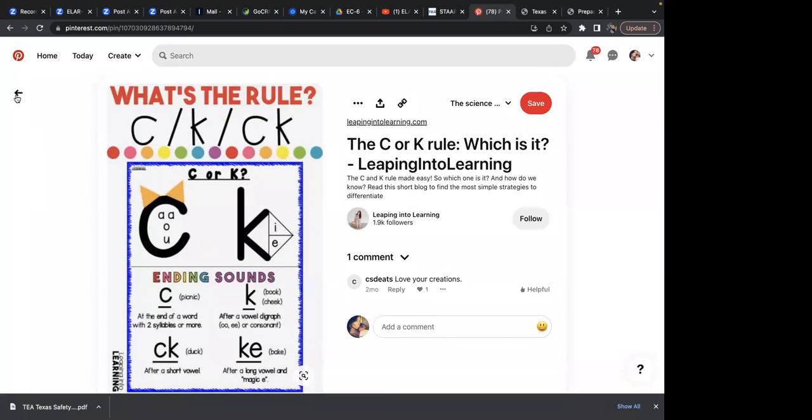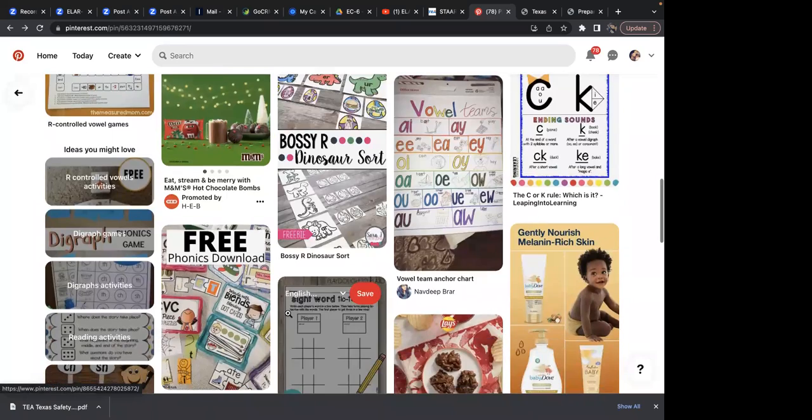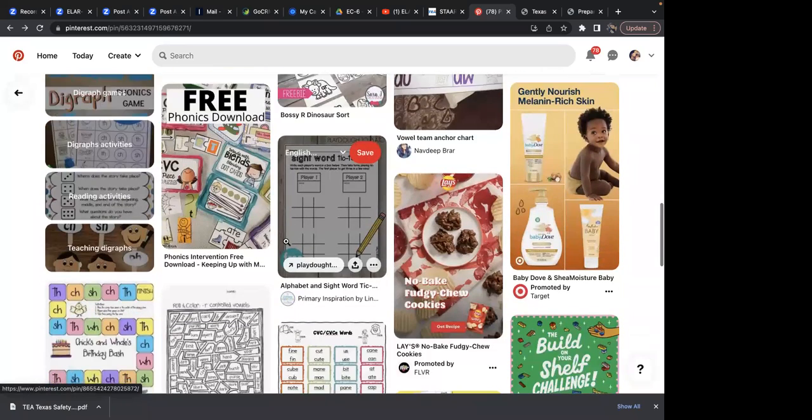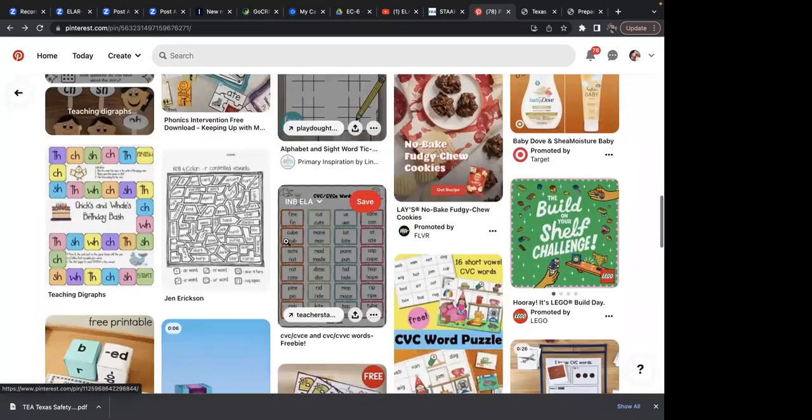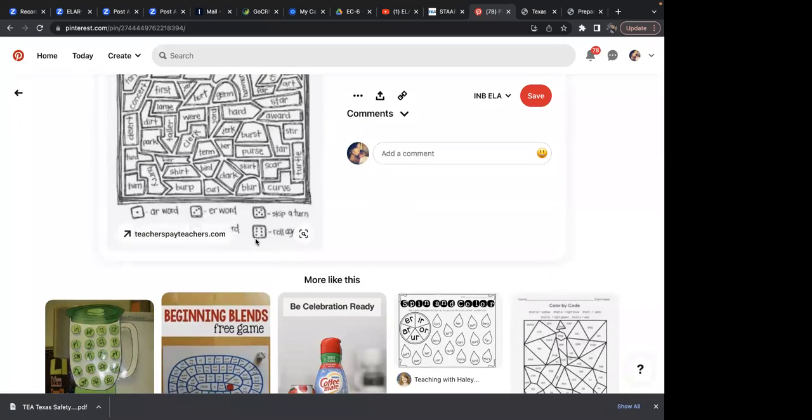So going over these, making sure that the students are comfortable playing these games with them. Roll and color R controlled vowels. If you roll an AR word, this one you roll, and so this is a fun one too.